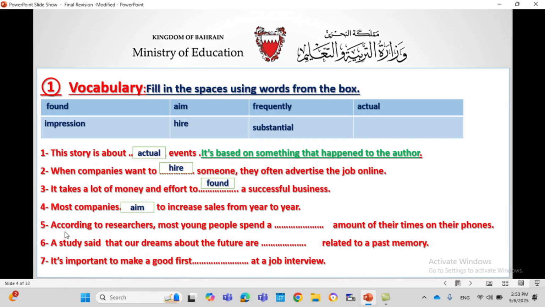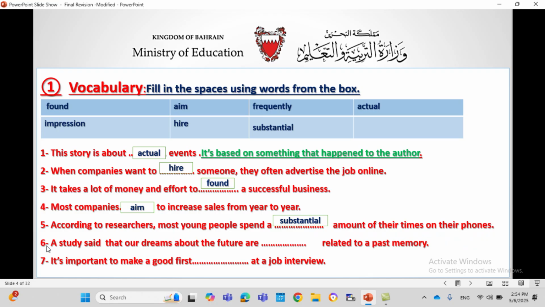Number 5, according to researchers, most young people spend an amount of their times on their phones. You can guess. We mean here a large amount of or a big amount of, and the right answer is substantial. Most young people spend a substantial amount of their times on their phones.